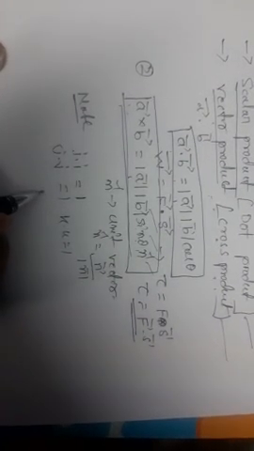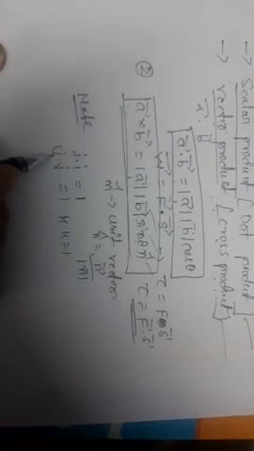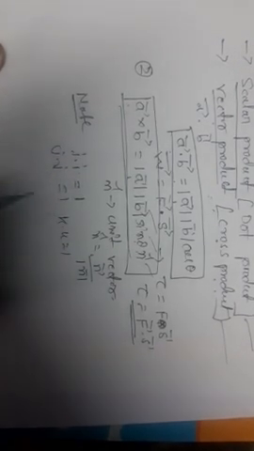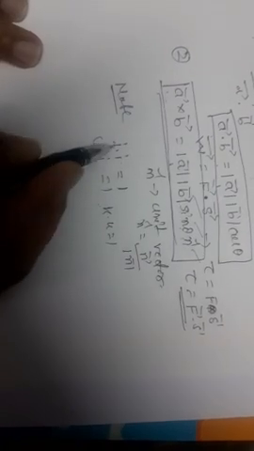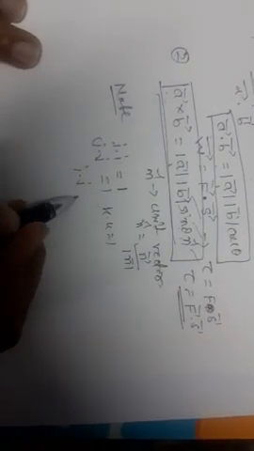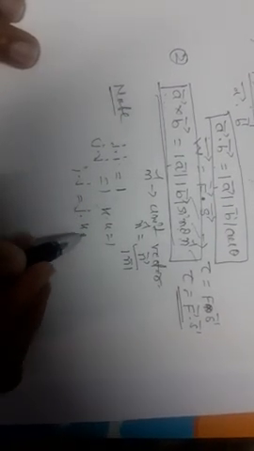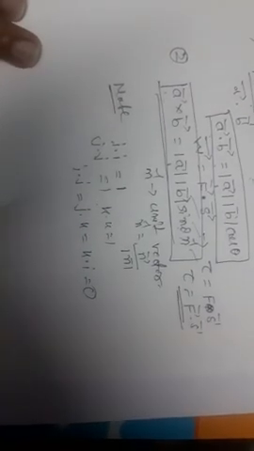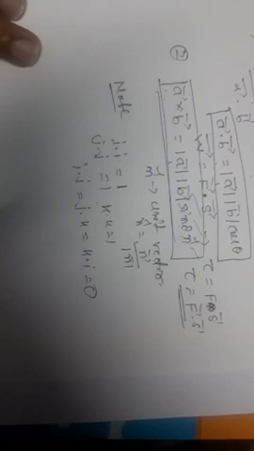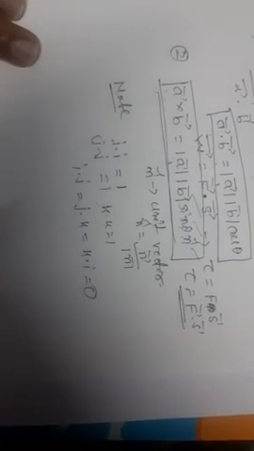And i dot j, j dot k, or k dot i, that value is 0. This is the condition of dot product.